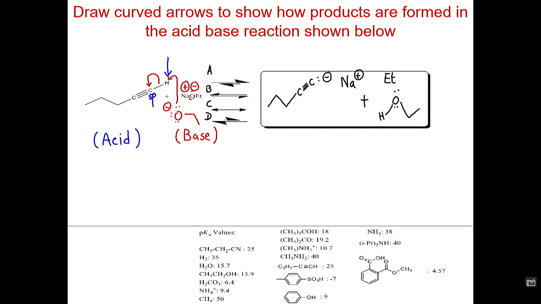Which you could write as EtOH. So you now have the conjugate base and the conjugate acid, which are the products of this acid-base reaction.